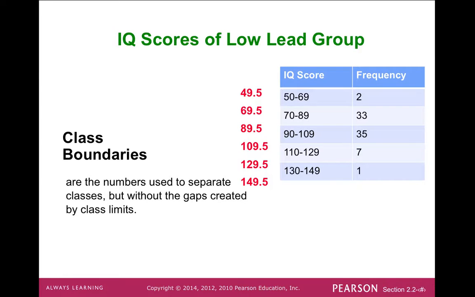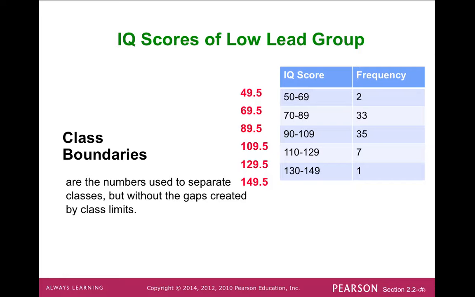Another thing I want to talk about with respect to frequency distributions are what is known as class boundaries. Class boundaries are the numbers used to separate classes, but without the gaps created by class limits. So for instance, if we look at the IQ score class of 50 to 69, and then the IQ score class of 70 to 89, we see that between 69 and 70, there is a missing 1 point IQ score. Where would you put an IQ score of 69.5?